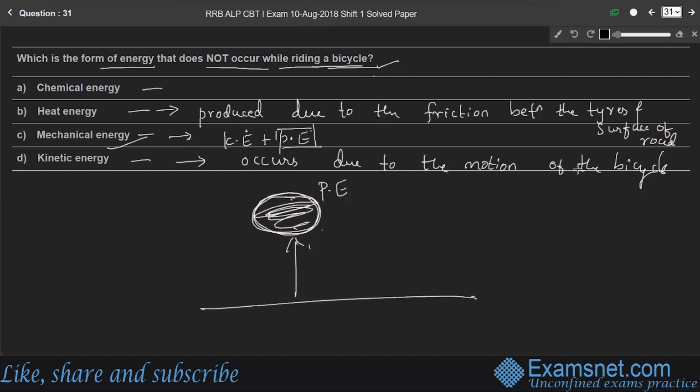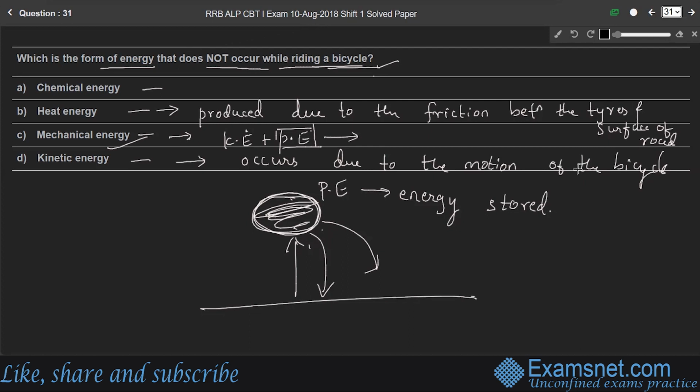It can displace an object from one position to another, or change the shape of an object when it falls down. The energy stored in a body, by virtue of its stationary position, is called potential energy.